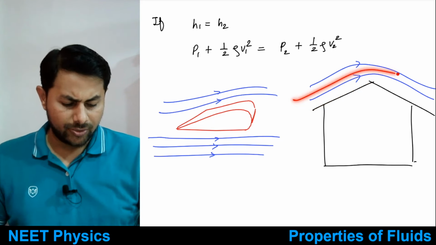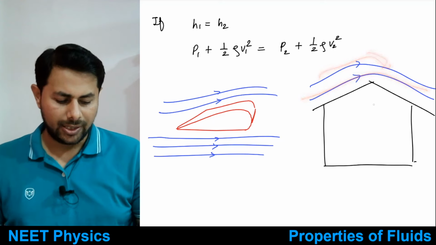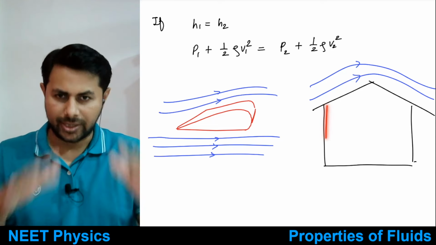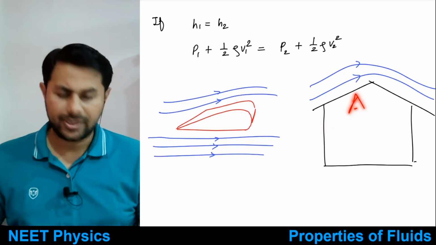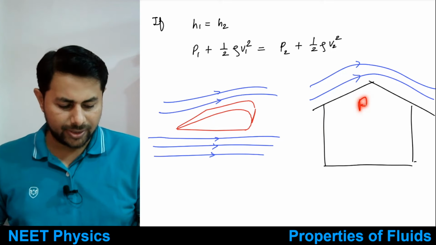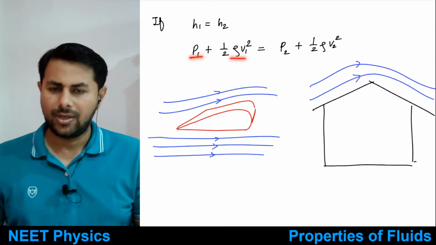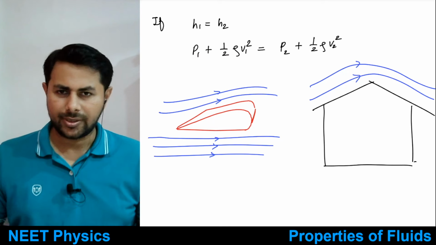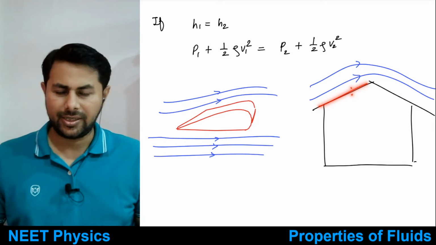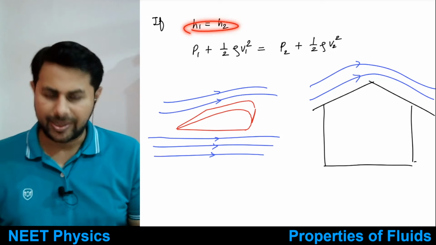Wind is blowing, which means air is moving with very high speed here, and the air inside the house, inside that room, is steady, not moving at all. If velocity is less, then pressure would be more, because the sum of pressure and kinetic energy per unit volume is constant. The height of this point and this point is the same, since the thickness of the roof is very small, so height doesn't matter.